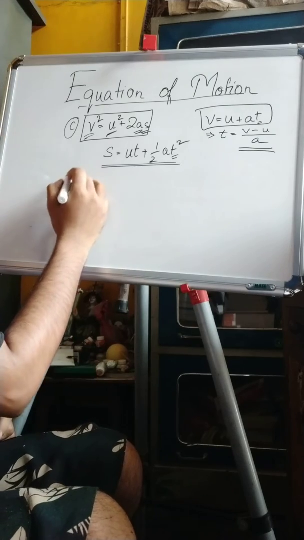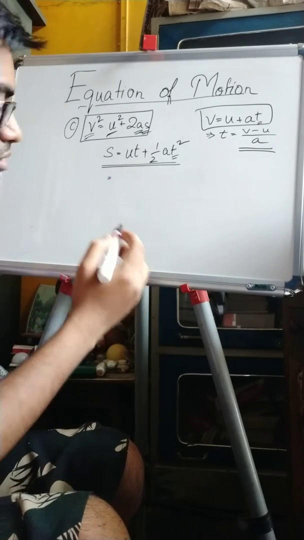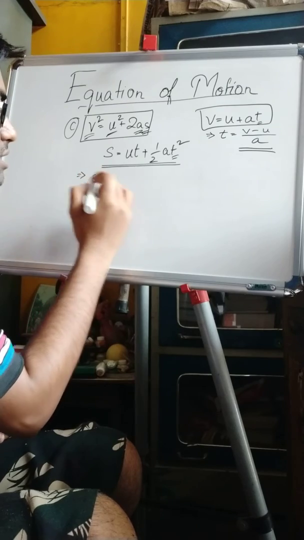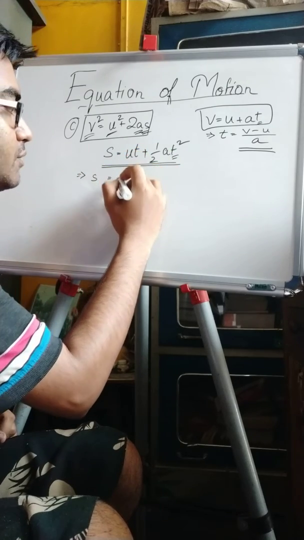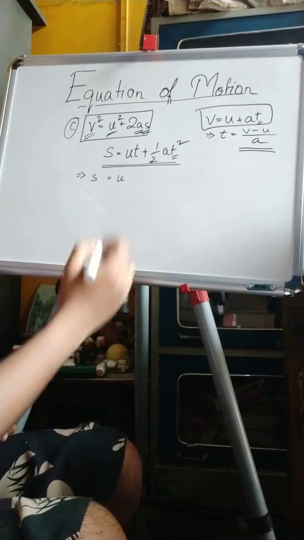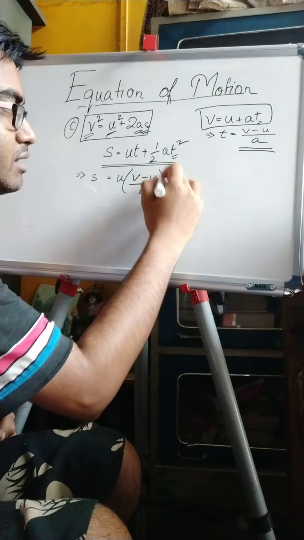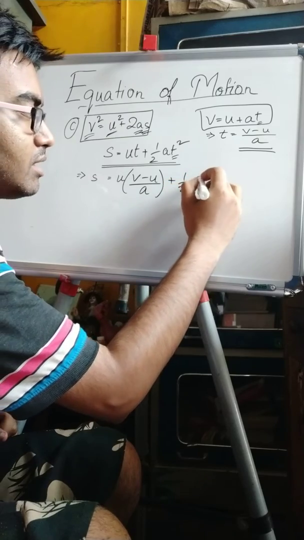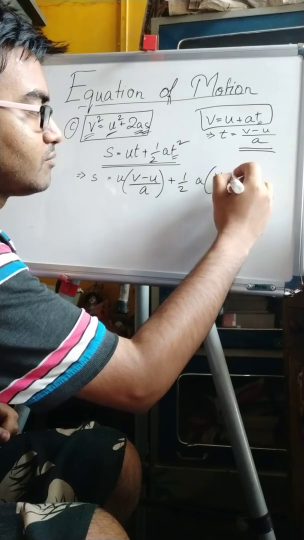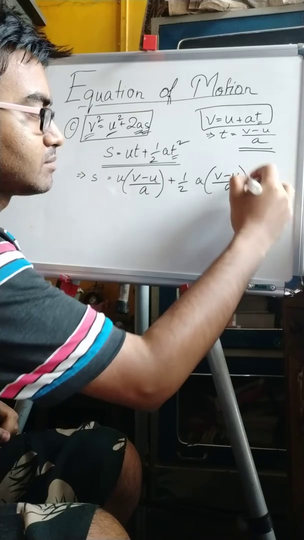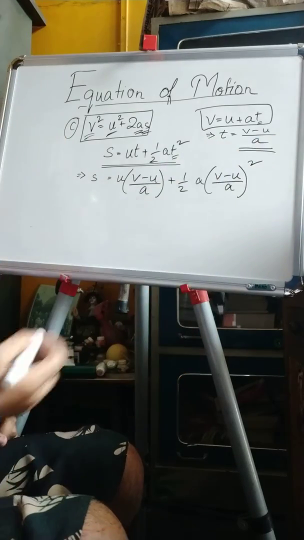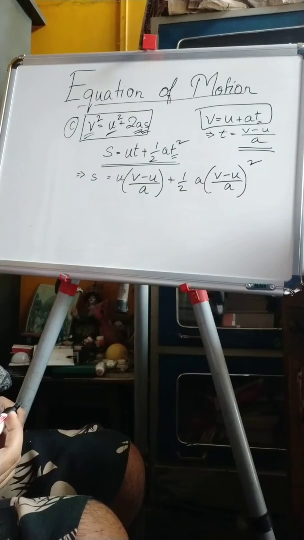Now I hope I'm clear. This implies s equals, in place of u we will keep it as u. In place of t we will write v minus u by a. Similarly, half of a t square will be half of a into v minus u by a, squared. Is it okay?